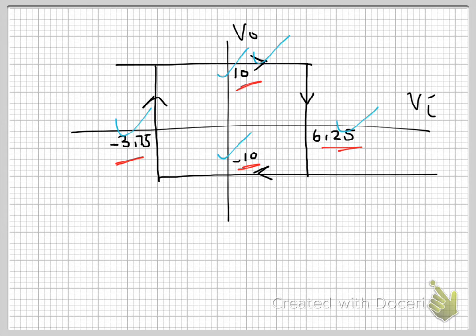So you'd get a mark there, a second mark there, a third mark there, and a fourth mark there, and oh yeah, the fifth mark for your arrows. That's basically how they would mark your VTC curve.